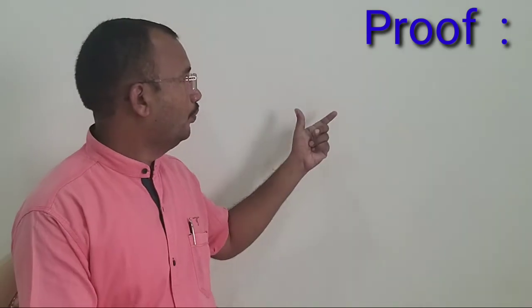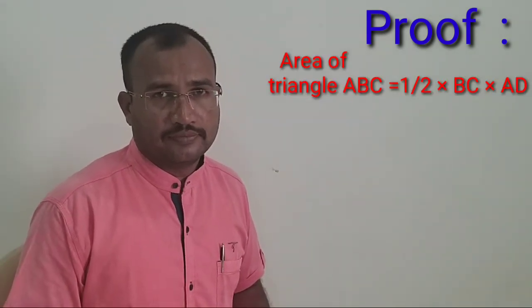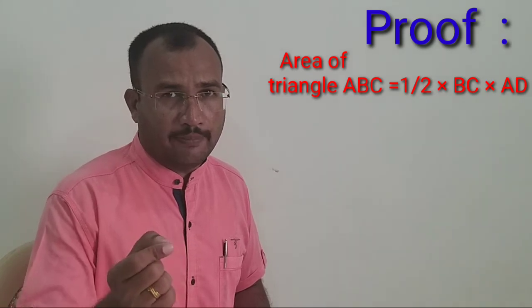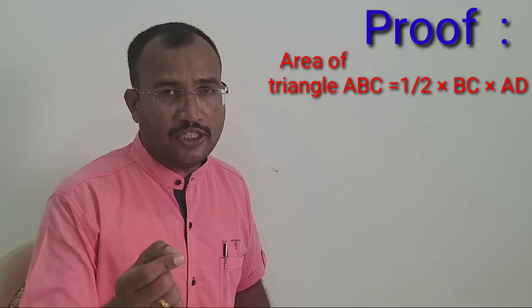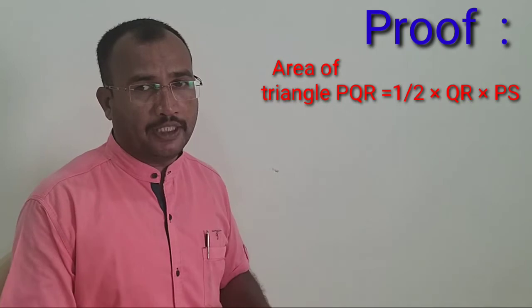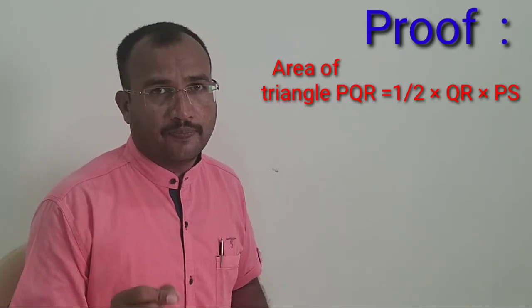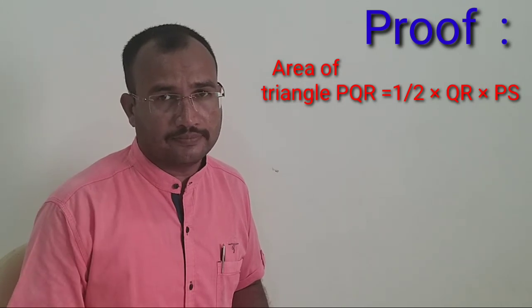Next, proof. We know that area of triangle ABC equal to 1/2 into BC into AD, and area of triangle PQR equal to 1/2 into QR into PS.